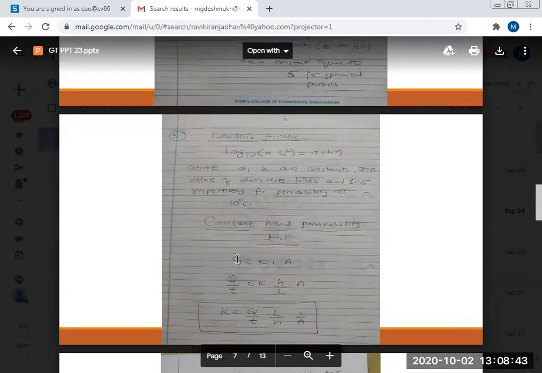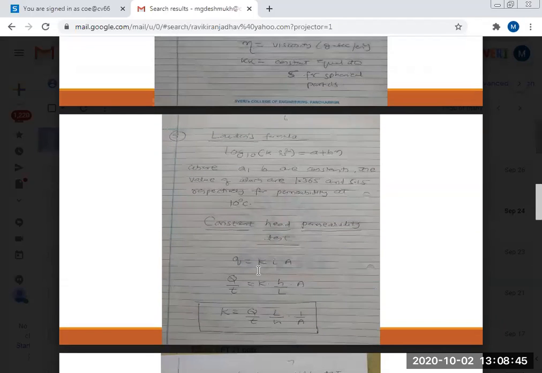So now we know that from the Darcy's law, Q is equal to K into I into A. Or you see here, Q means Q by T. In fluid mechanics, capital Q is discharge. But here it is volume, and small q is discharge.